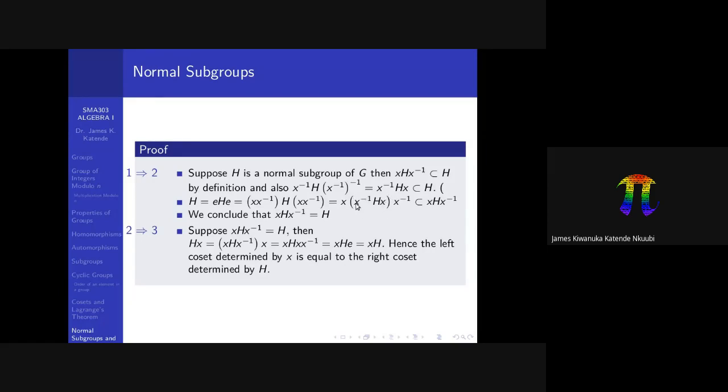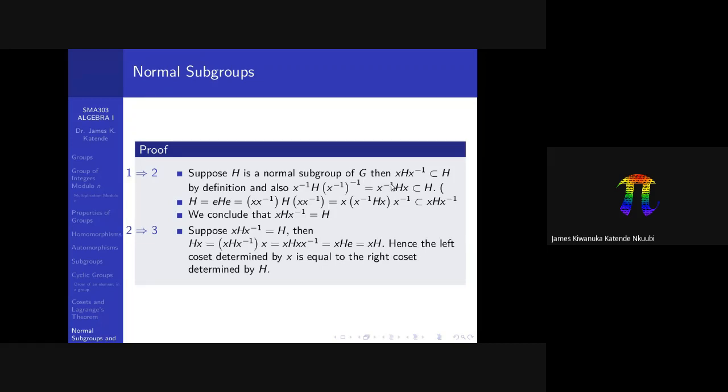But I already know that this set is a subset of H. So I can replace it with H to make this set bigger. So I replace this with a bigger set, so that this set now becomes a subset of XHX inverse. Right? So this means that H is a subset of XHX inverse.